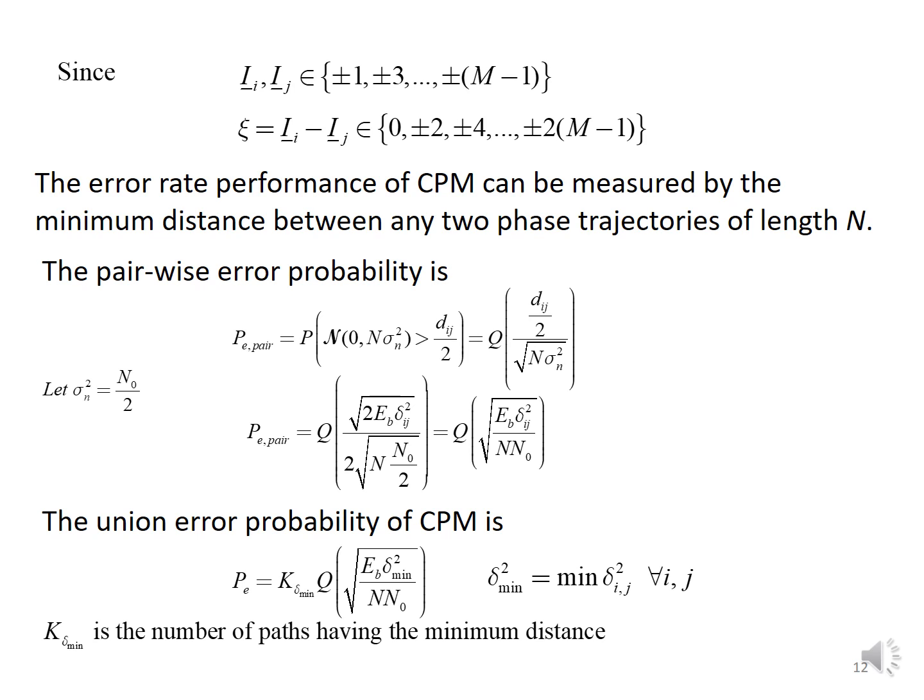And based on the same minimum distance concept, the minimum distance between the paths, we can derive the union error probability for this CPM detector based on the phase trellis.